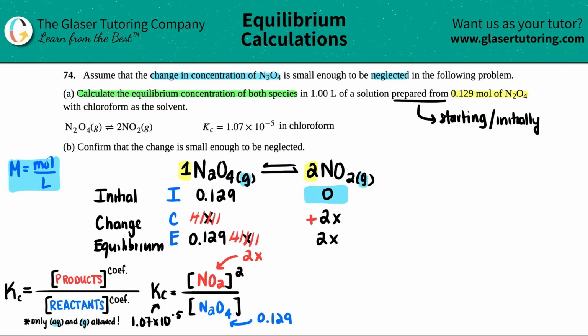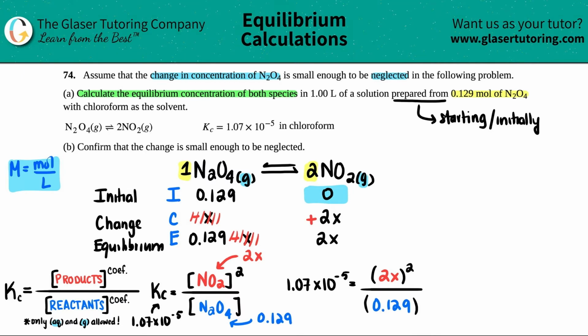And now we can solve for the x value. So 1.07 times 10 to the negative fifth equals something over something else. We have 2x, and that's being squared. And then this is now going to be 0.129.